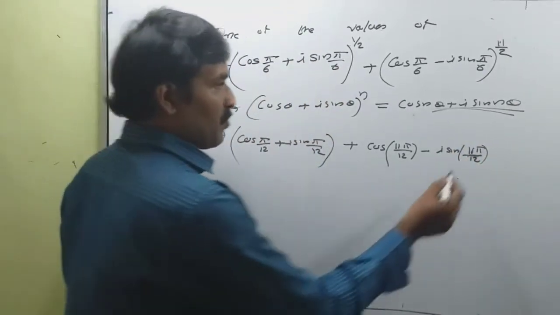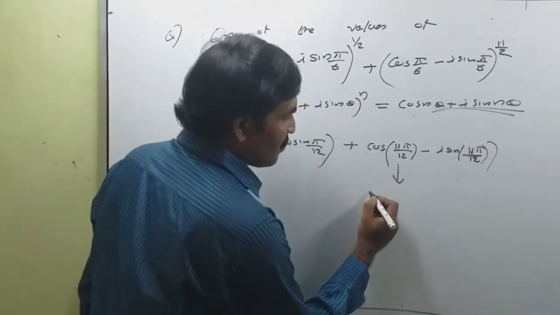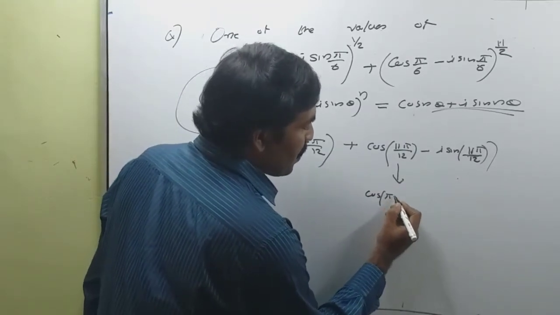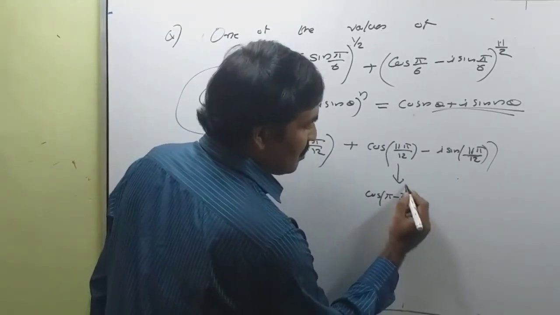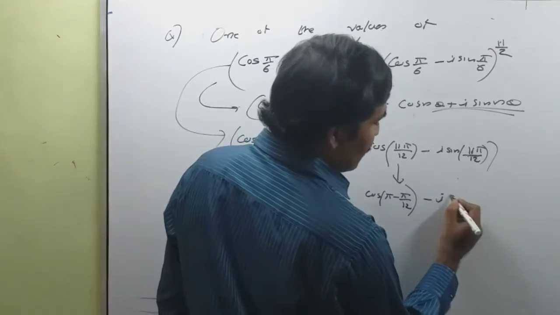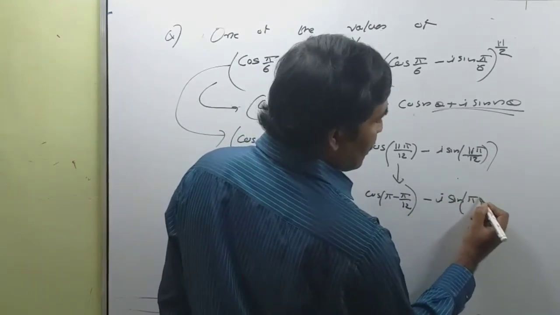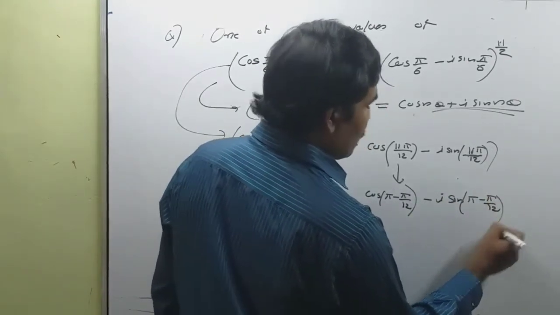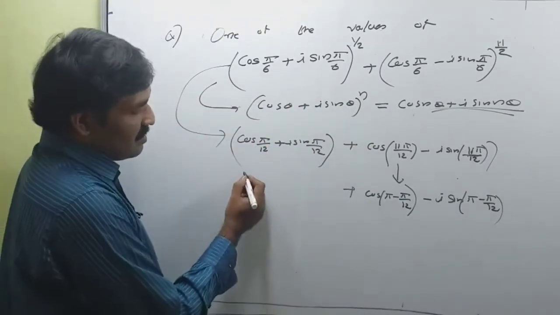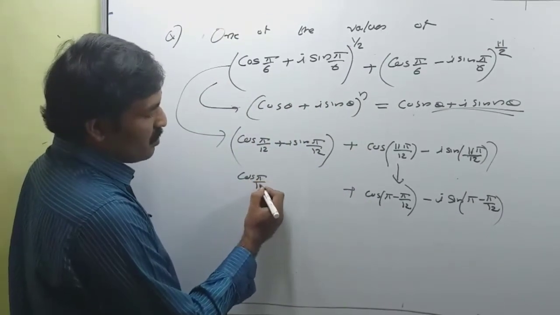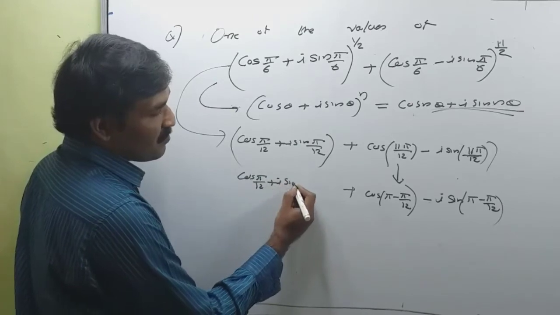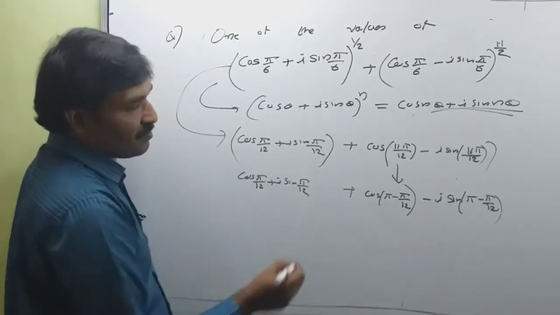Okay. Or this can be written as cos of pi minus pi by 12 minus I into sin of pi minus pi by 12, plus this term, that is cos pi by 12 plus I sin pi by 12.